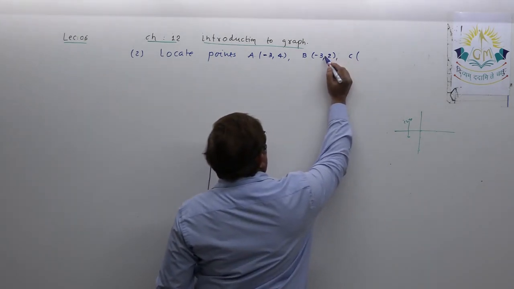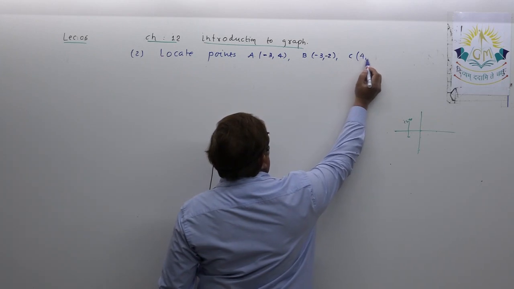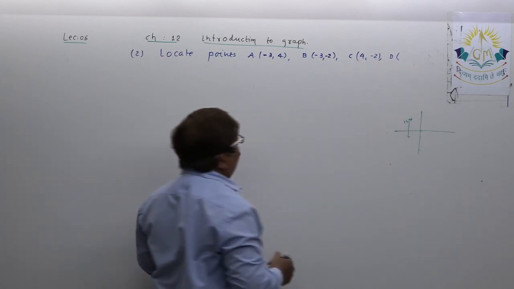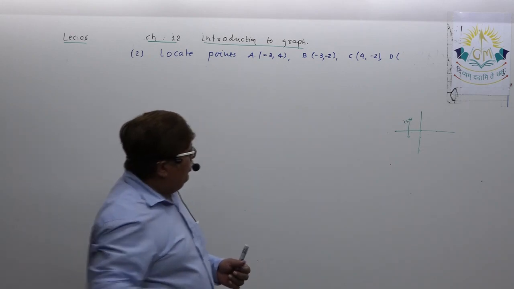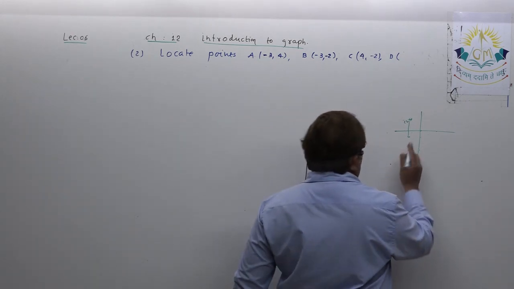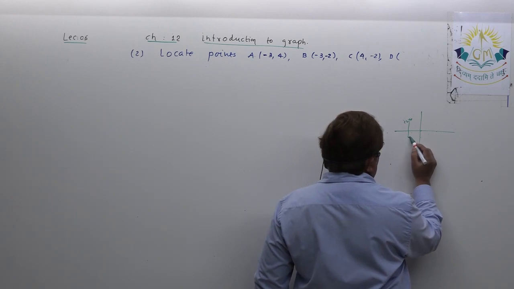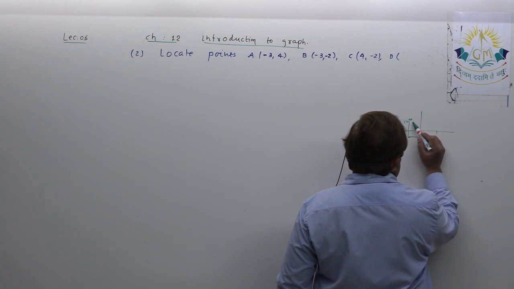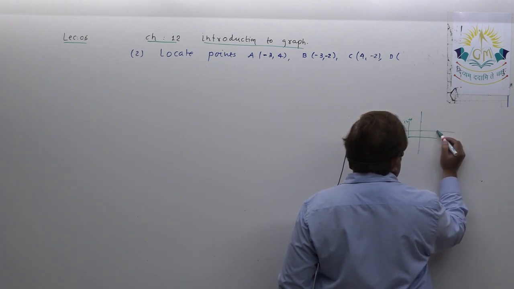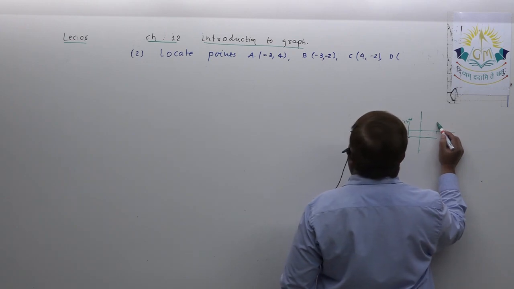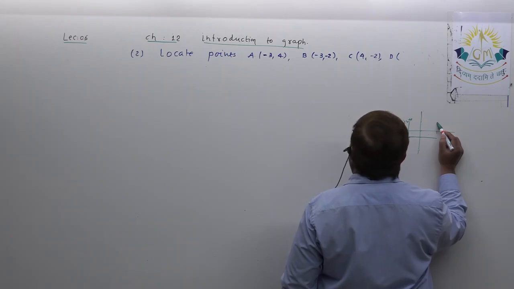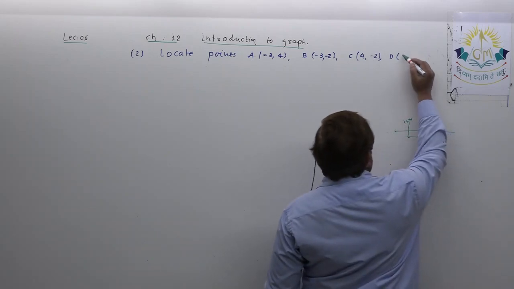This is also minus 2. Here 4 minus 2, and D, what should we take? Minus 3 minus 2, 4 minus 2, and here what should we take? 4 comma 3.